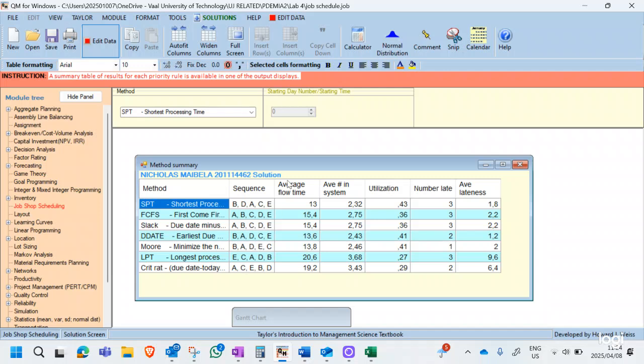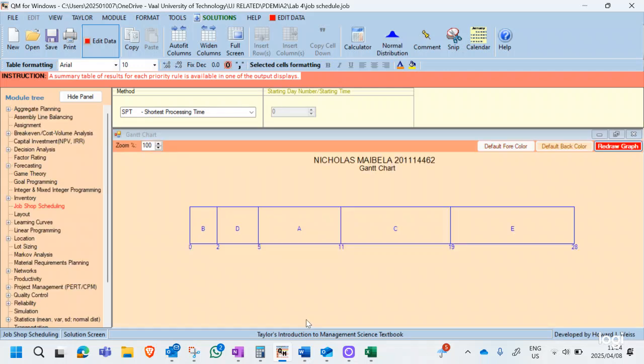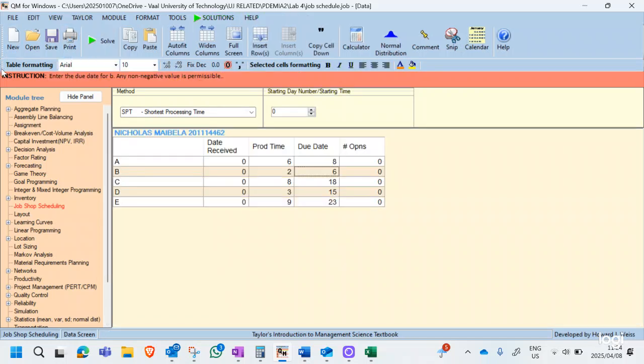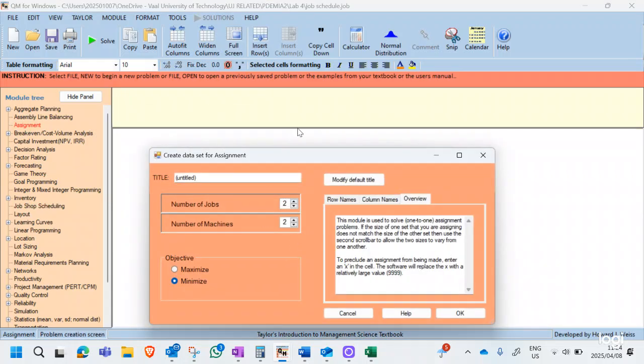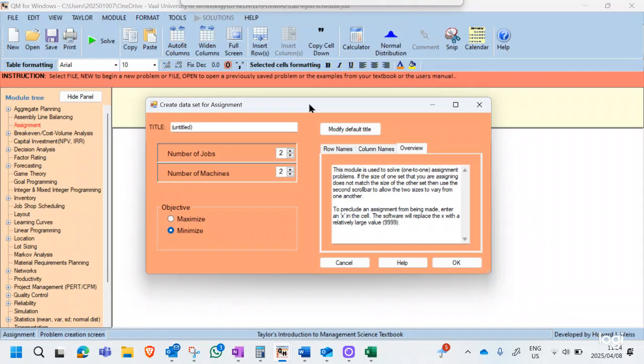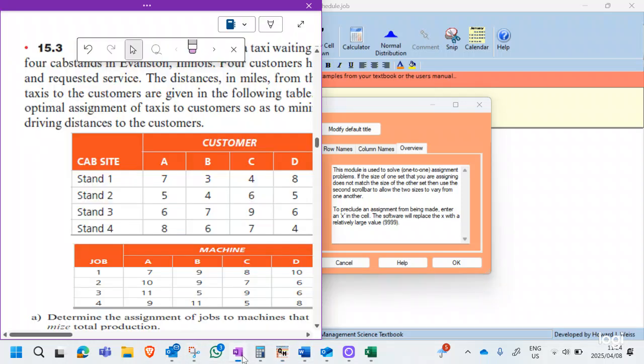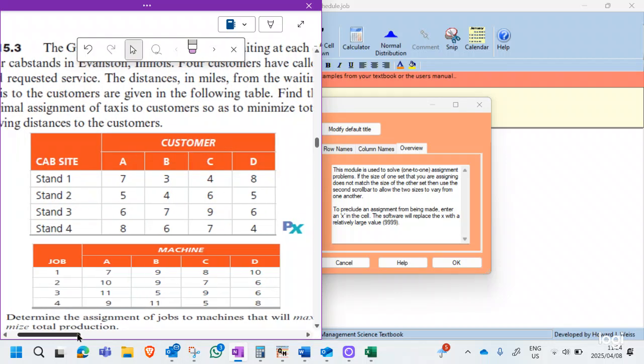Oh, this is nice data. And the Gantt chart here. We're doing assignment. We are minimizing in this assignment. Our customers 1, 2, 3, 4, and 4.